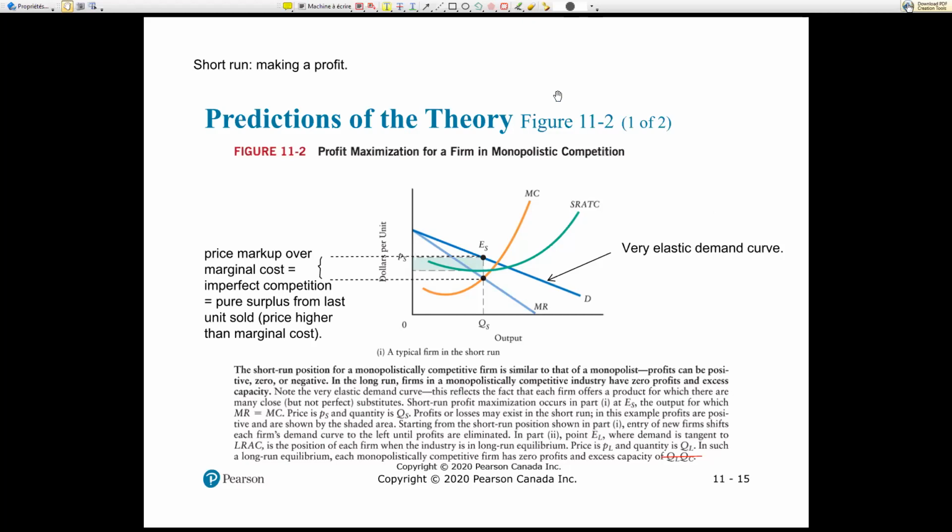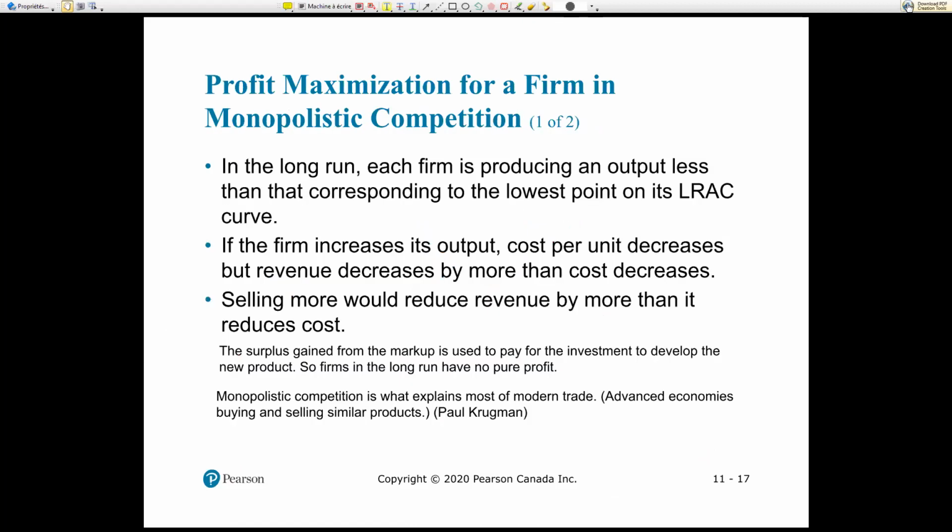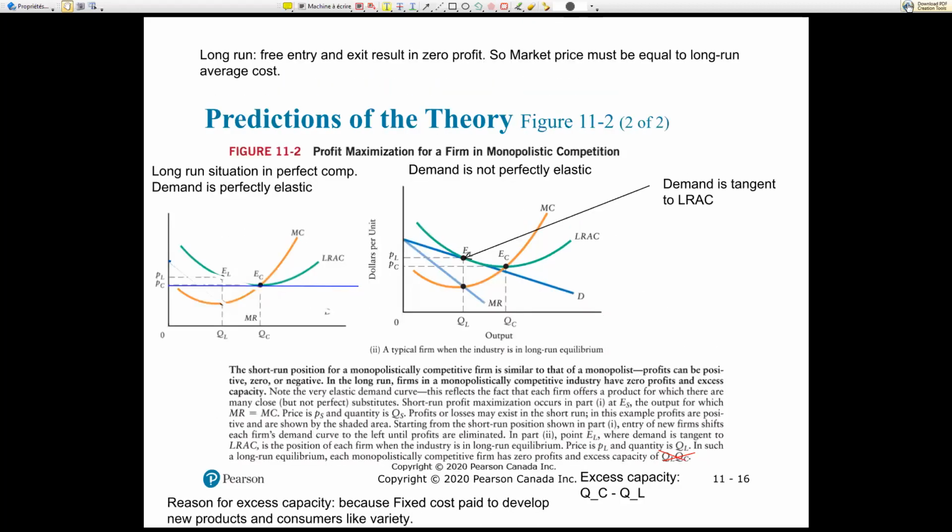This is because in monopolistic competition, we have assumed that we had many firms still on the market. So each firm has their own sort of little monopoly on their own specific product, but there are many of these small monopolies.